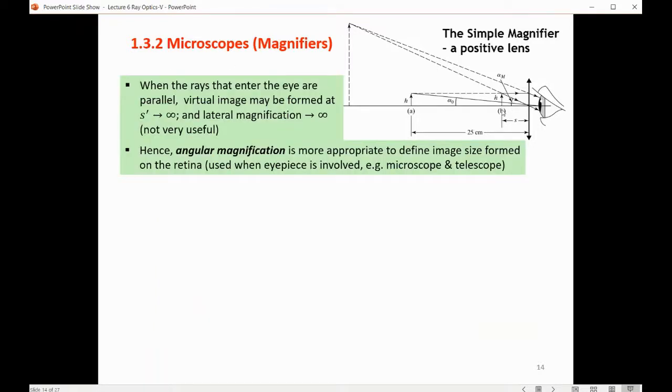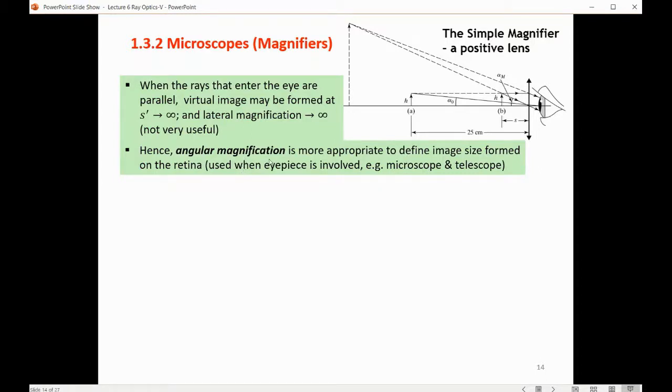If the object is placed at the focal length of the positive lens, the image would be formed at infinity and parallel rays would be entering the eye. The lateral magnification will be very, very large, and that's not really very useful. Hence, it is more appropriate to define the image size formed on the retina by its angular magnification.